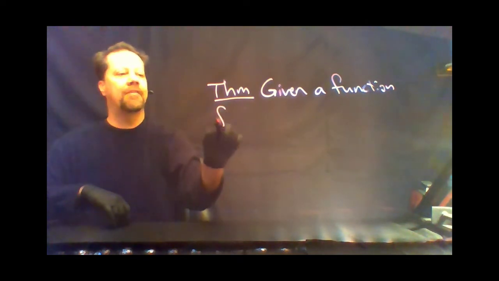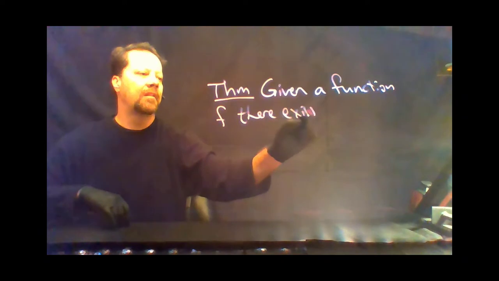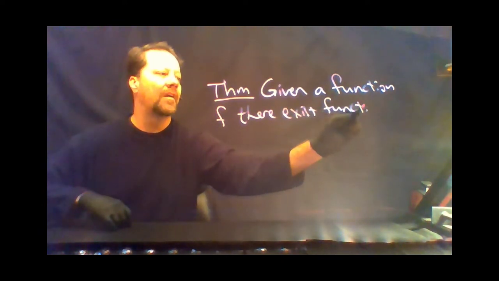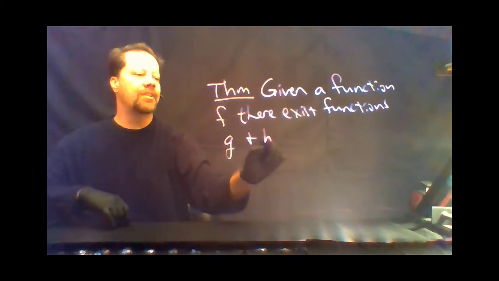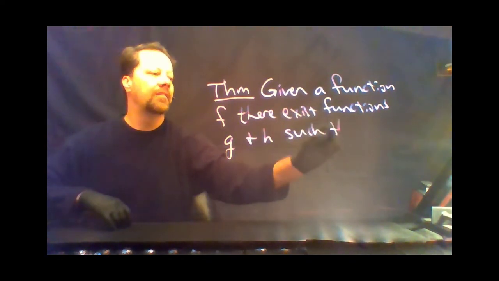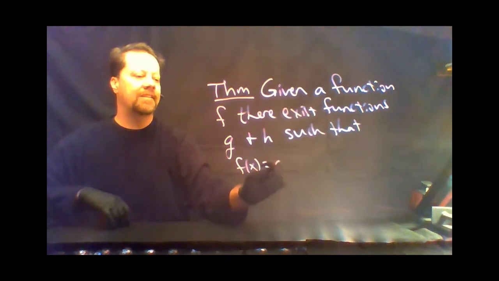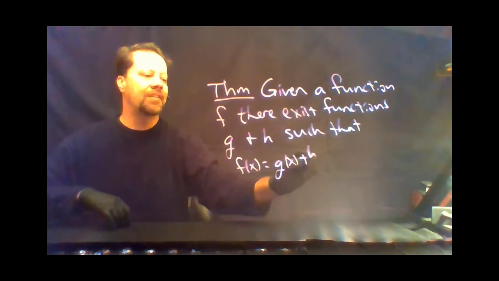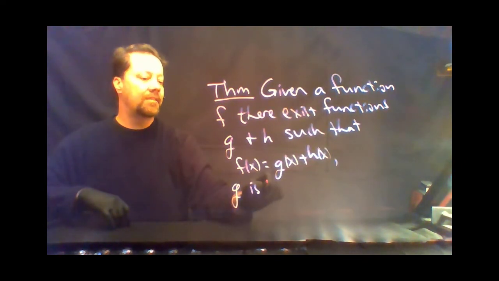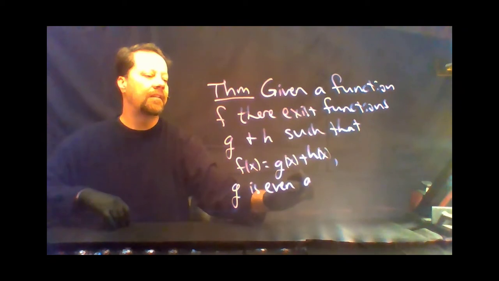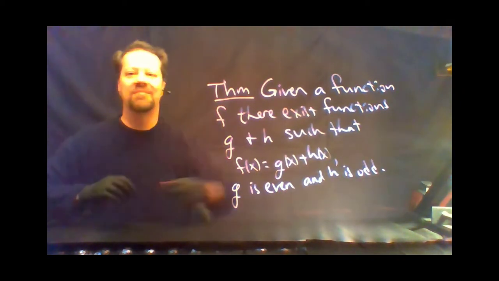Given a function f, there exist functions g and h such that f of x is g of x plus h of x, g is even, and h is odd.